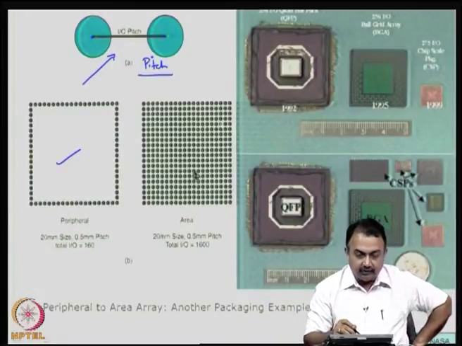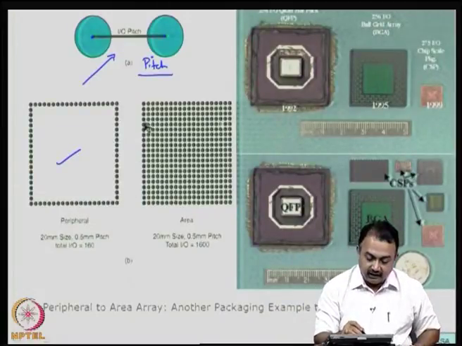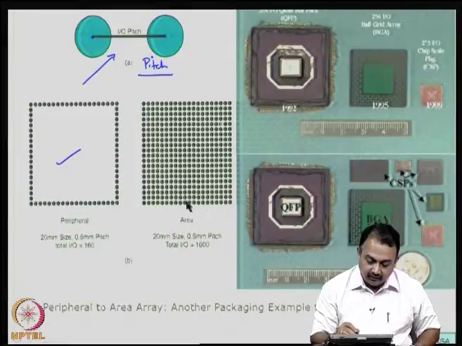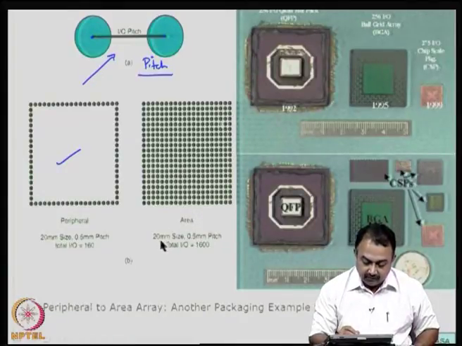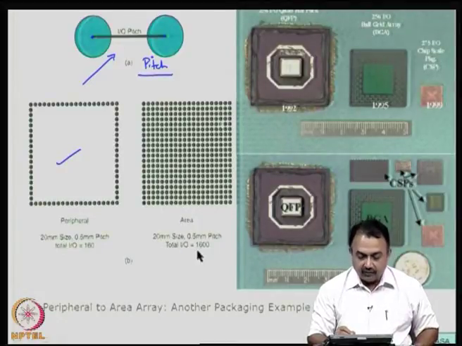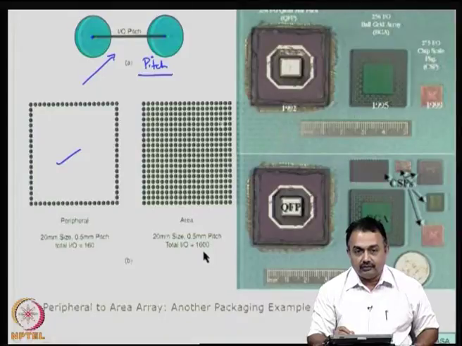If you theoretically utilize the entire area under the die, not just the periphery, with the same 500 micron pitch or 0.5 mm pitch, and the same 20 mm size, you can actually get 1600 IOs.